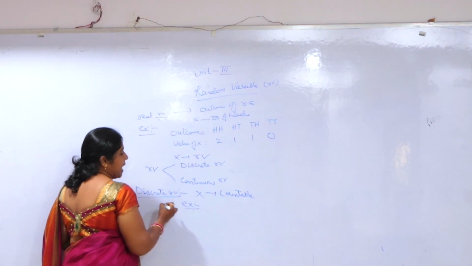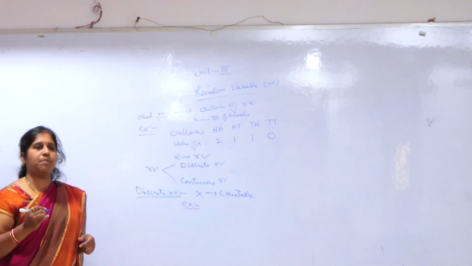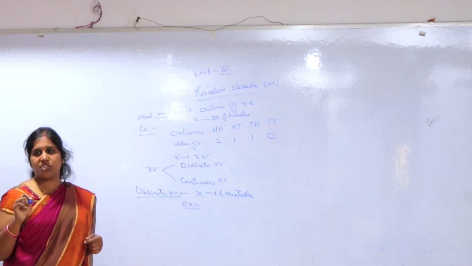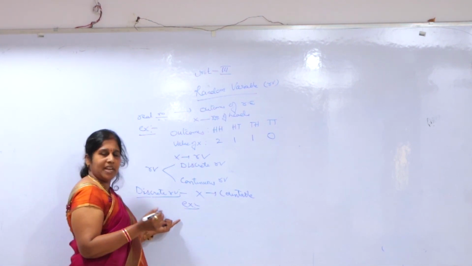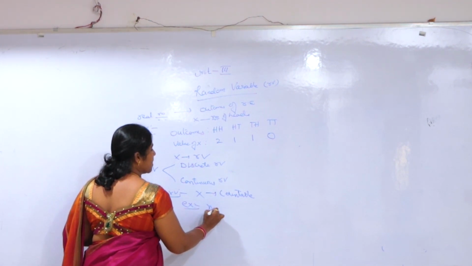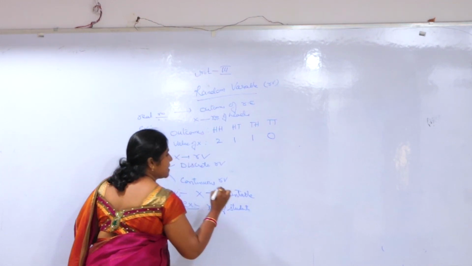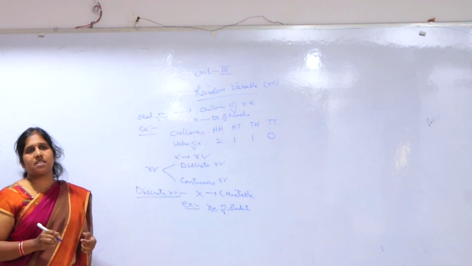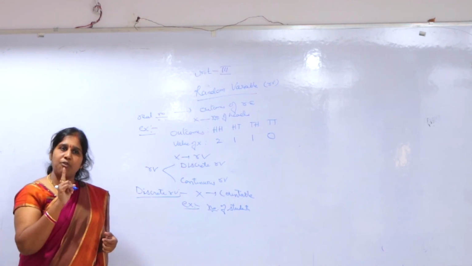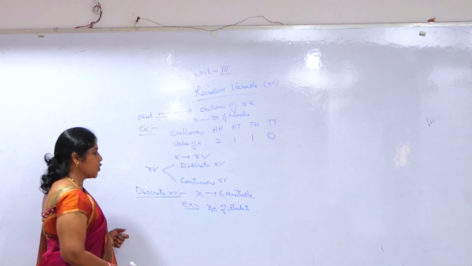Example, you can say number of students joined in Pragati College MSCS first year, which is nothing but countable number. So number of students joined. Next one, you can say number of accidents that occur in Hyderabad per 1 day. Number of accidents which you can count.